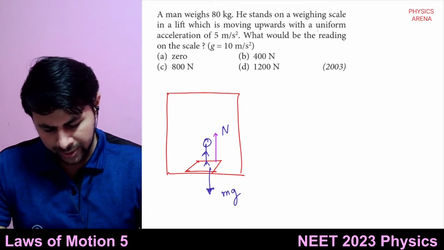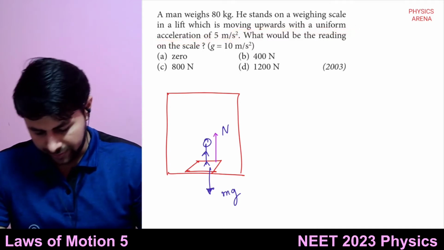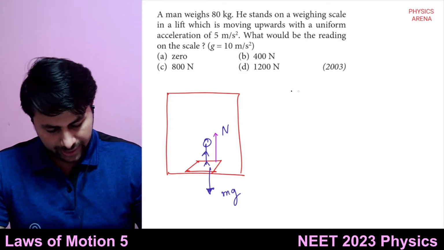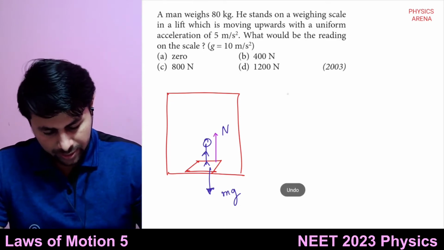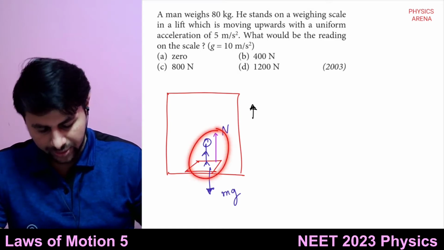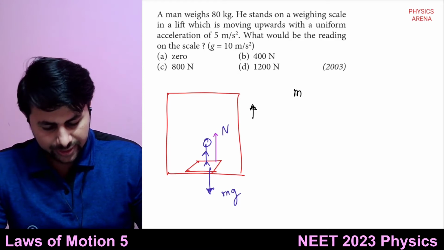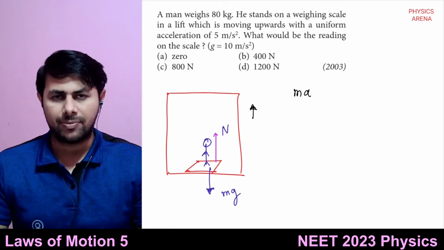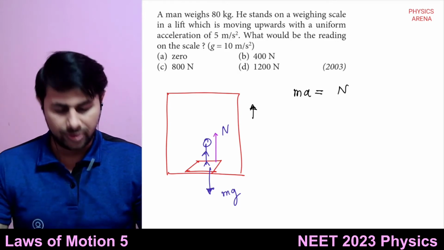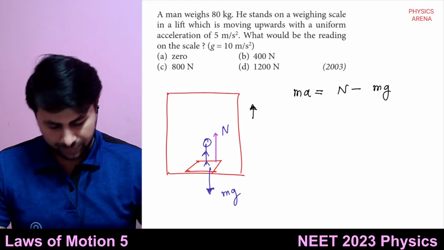The lift is moving upwards with 5 meters per second squared. So there are two forces, N and mg. The acceleration is upwards. Let's consider the man only. m times a, his mass multiplied by his acceleration, is equal to the net upward force, which is the normal reaction, minus the net downward force, which is mg.